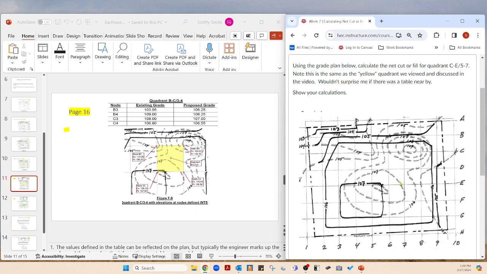If you were looking at this, you can see that this is 107, this is 106, so we're way over here, almost 106.75. I'm doing existing grade stuff now, so I'm in this column over here.